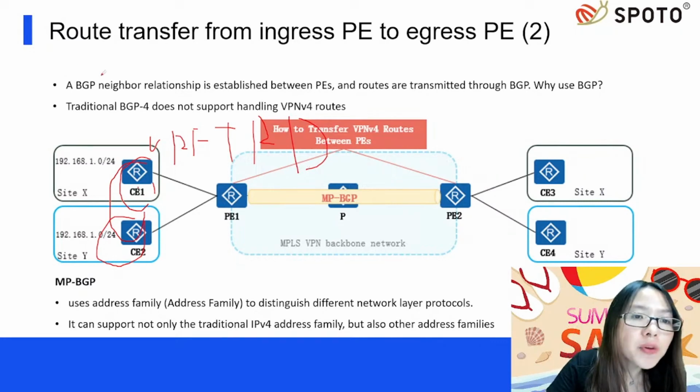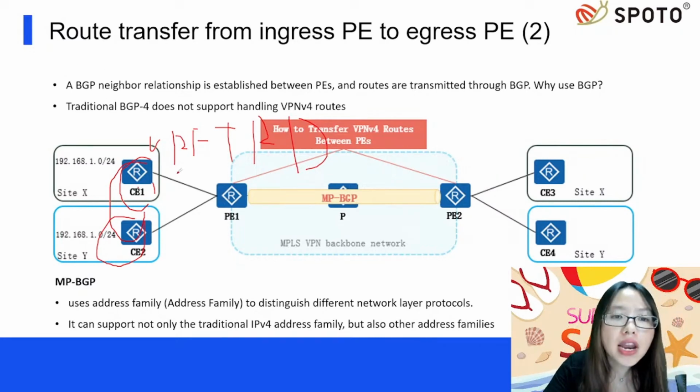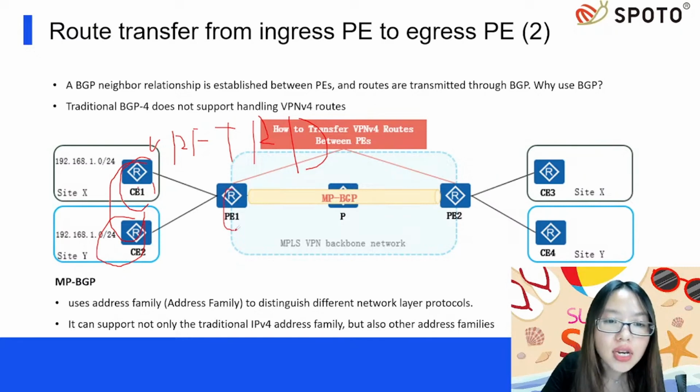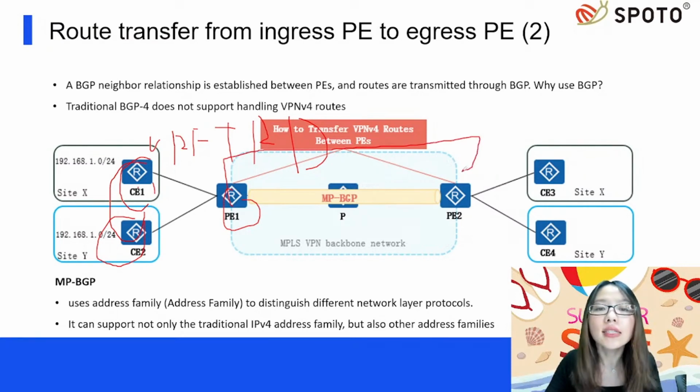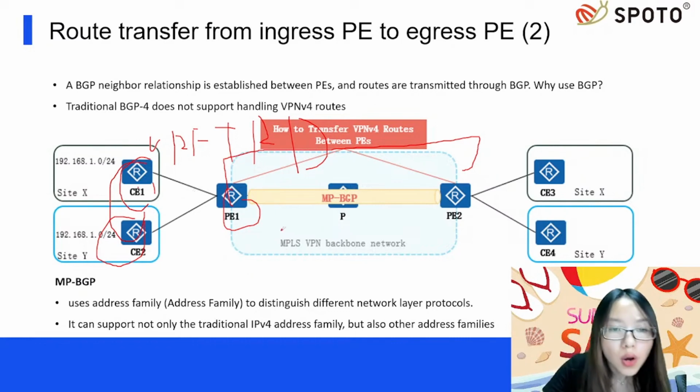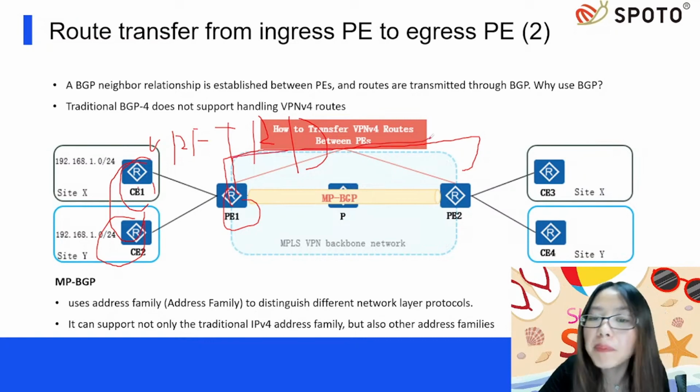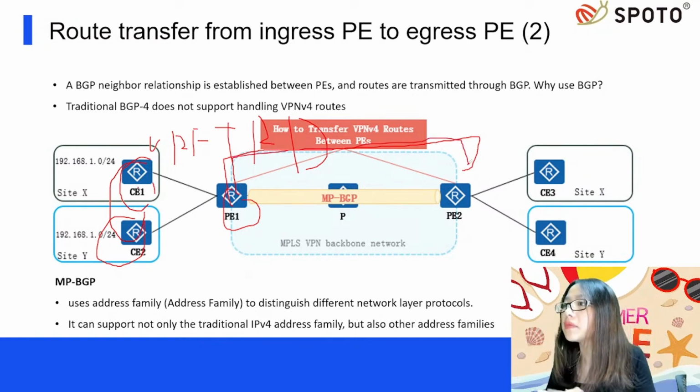A BGP neighbor relationship is established. We will establish BGP neighbors between PEs, and routes are transferred through BGP. But why do we use BGP between PEs?